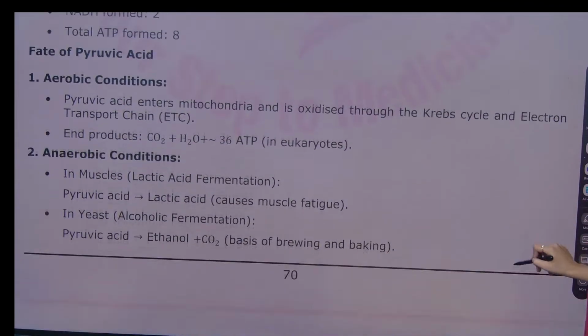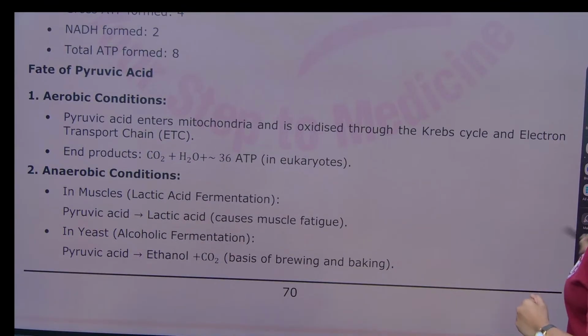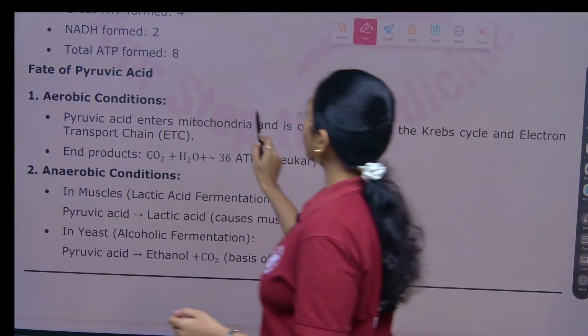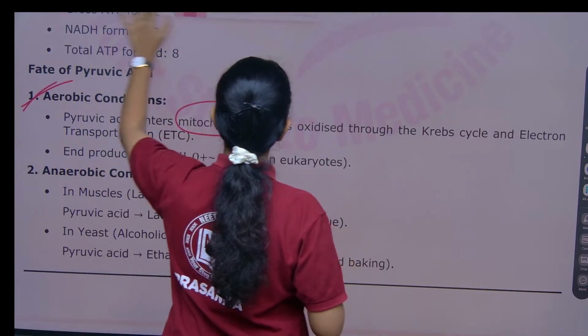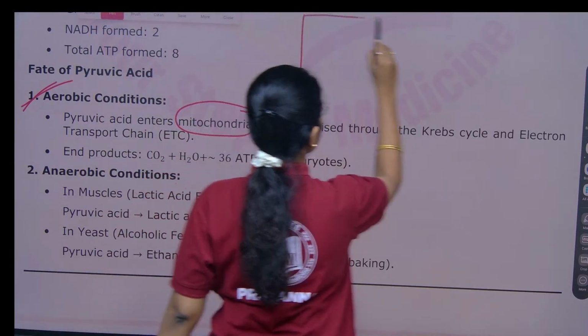Next, the fate of pyruvic acid. Pyruvic acid enters the mitochondria if it is aerobic condition.